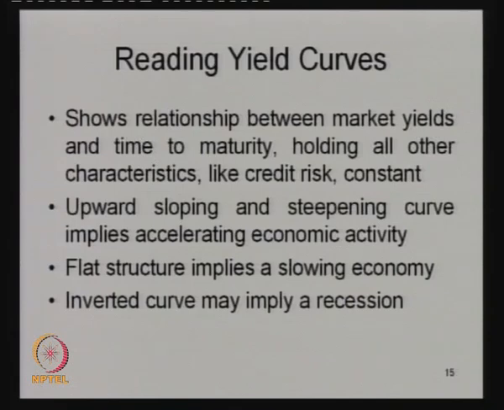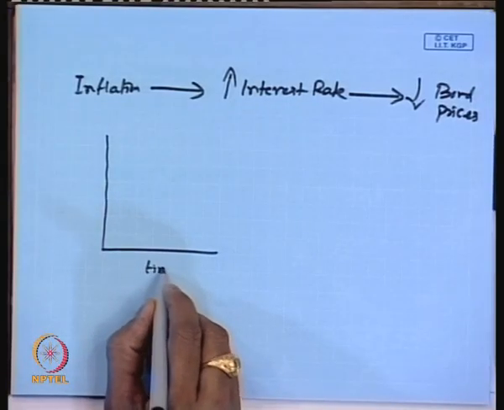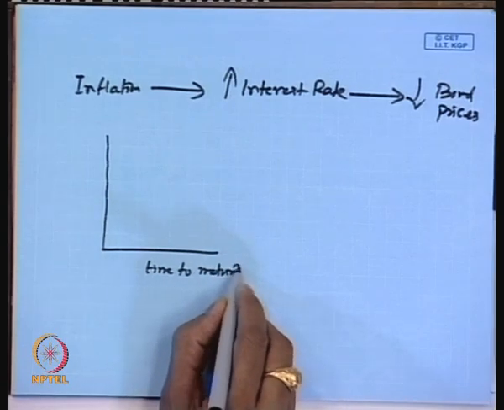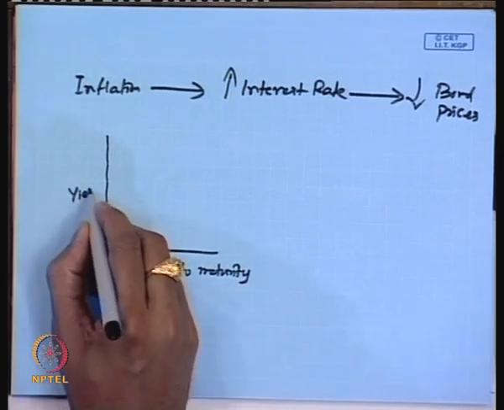The yield curve shows the relation between market yields and time to maturity, keeping other things like credit risk constant. The question is whether a higher time period means more yield, less yield, or no difference depending on the time to maturity. Here, this is the time to maturity, and this is the yield in percentage.